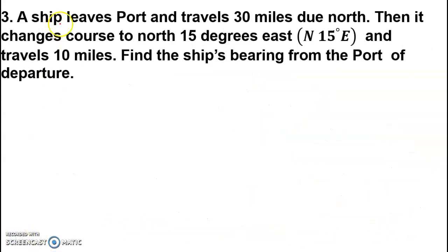Another one. A ship leaves port and travels 30 miles due north. Okay, so it starts from here. And of course, we have the north, south, east, west. So it travels from here, travels due north, it's here for 30 miles.